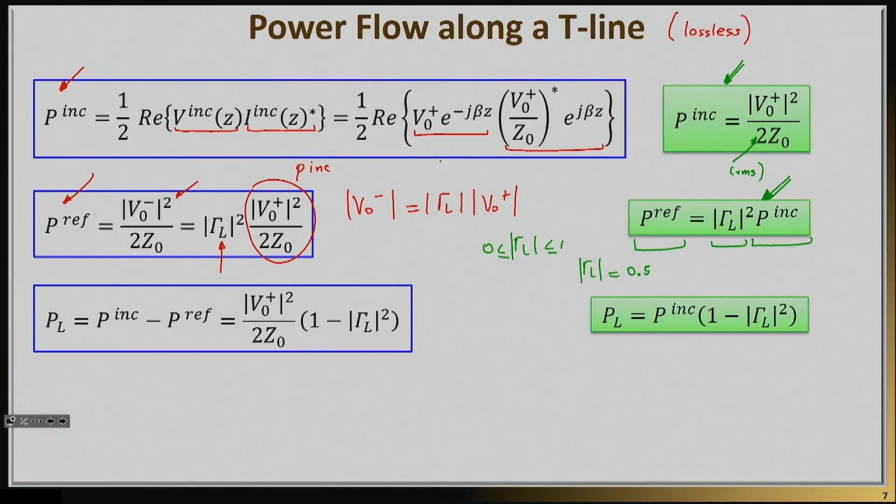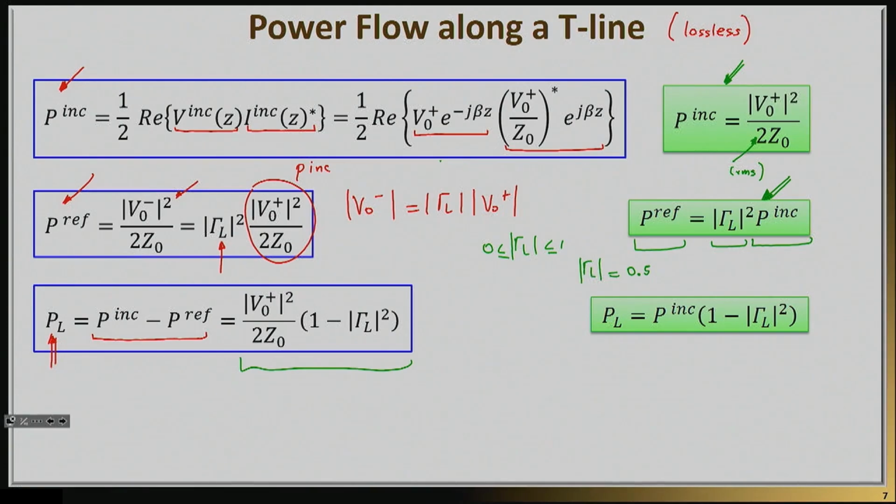So if I have some incident power from my incident wave, and I have some reflected power from my reflected wave, what is the total power that actually the load will consume? So the total power that the load will consume can simply be found by subtracting the reflected power from the incident power. So P incident minus P reflected will actually give me the result that you see here.